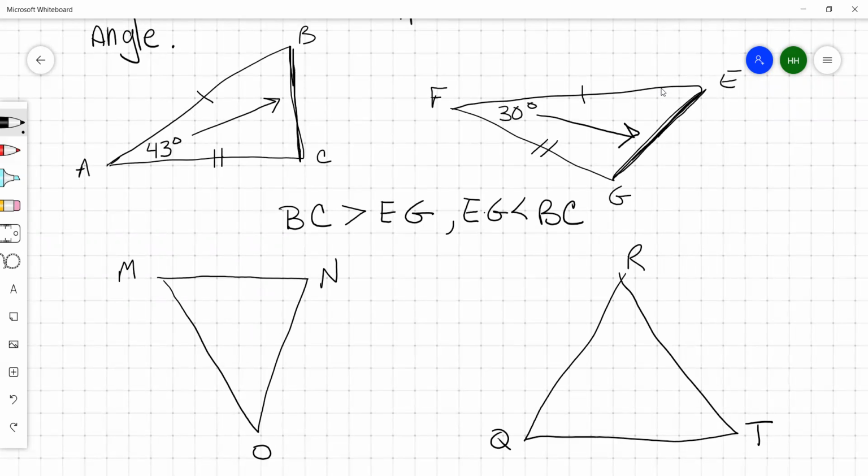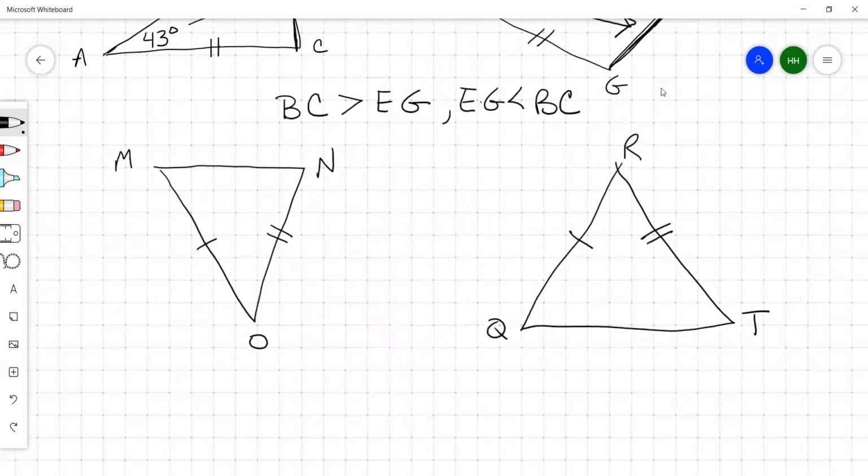And now let's make MO congruent to QR and NO congruent to RT. Let's make side MN 10. And let's make side QT 14.